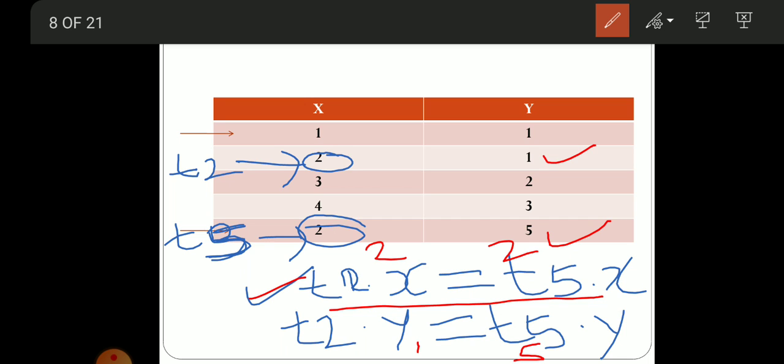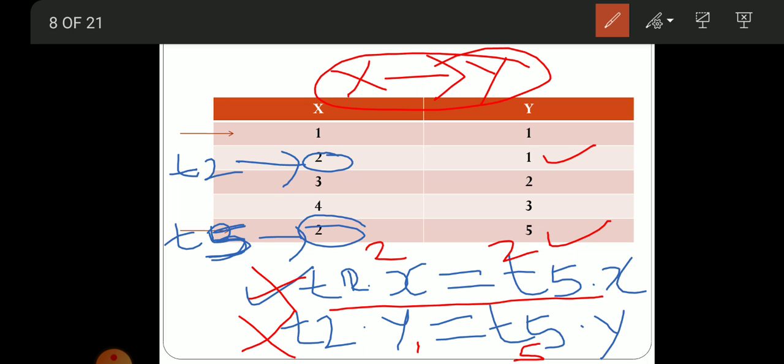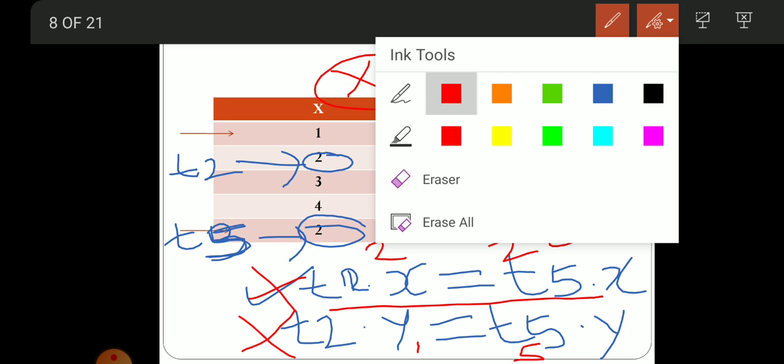So these two tuples are not fulfilling the functional dependency condition. According to this, we'll say that x is not determining y, so this functional dependency will not exist.